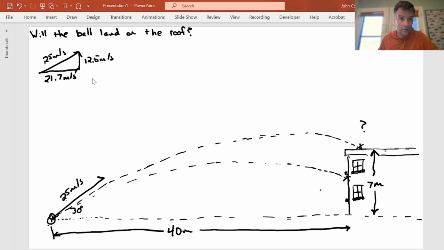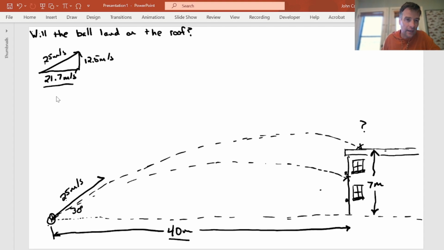What we're going to do is use the horizontal velocity. The horizontal velocity, as you know from your physics teacher, is constant. So every second this projectile is in the air, it's traveling 21.7 meters down the field. And we want to know how long it takes to go 40 meters.